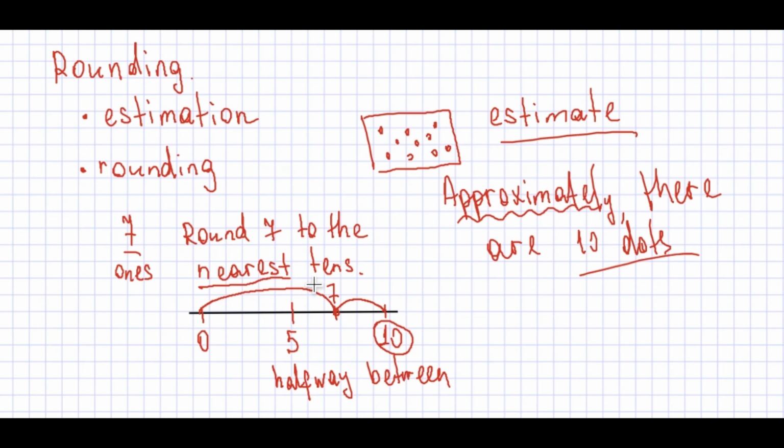So the nearest tens number to 7 is 10. We can write that 7 rounded is 10. It is approximately 10. 7 is an exact number. 10 is an approximate number.